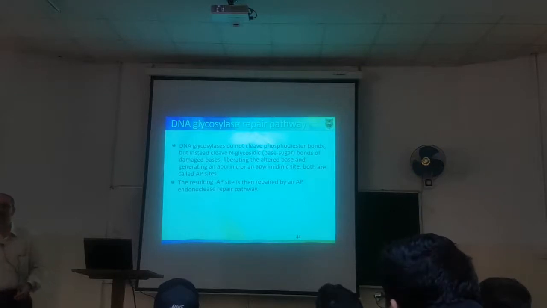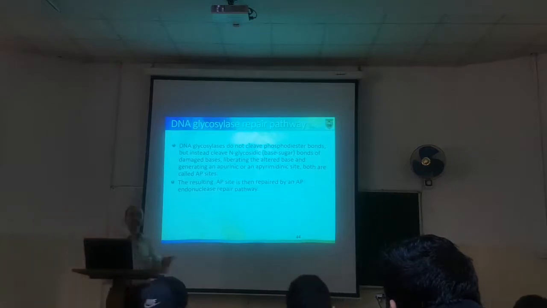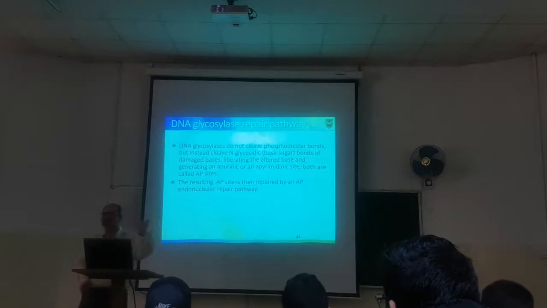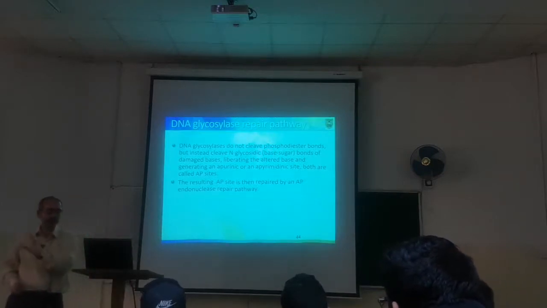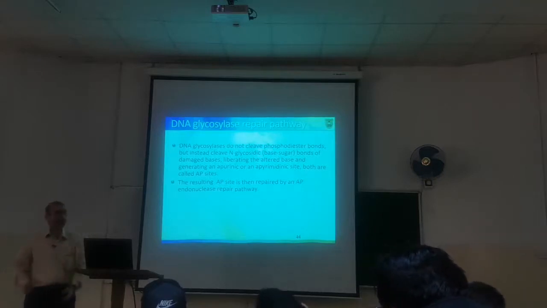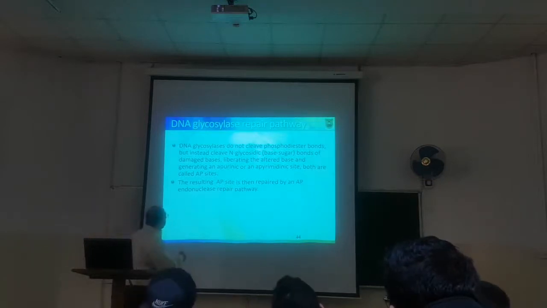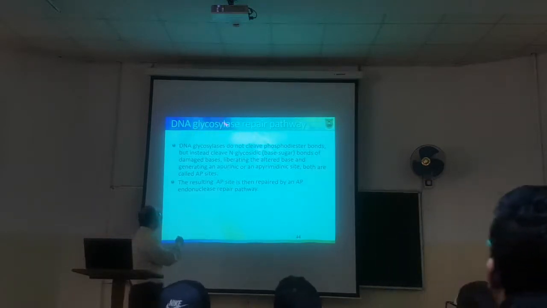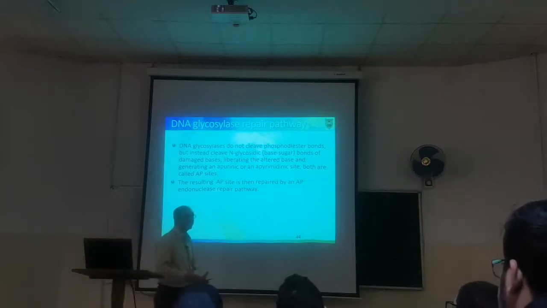Cytosine. Cytosine is deaminated. It can be converted to uracil. Okay? And the presence of uracil in DNA is abnormal. It's recognized and fixed by certain enzymes known as DNA glycosylases.